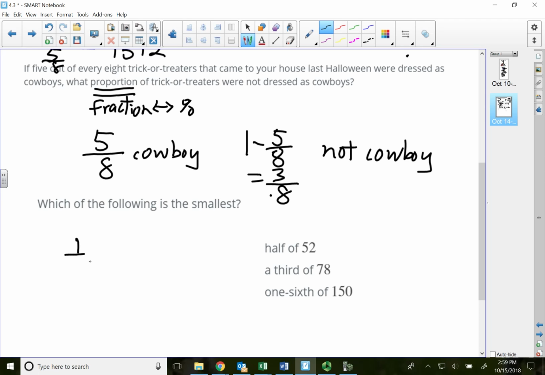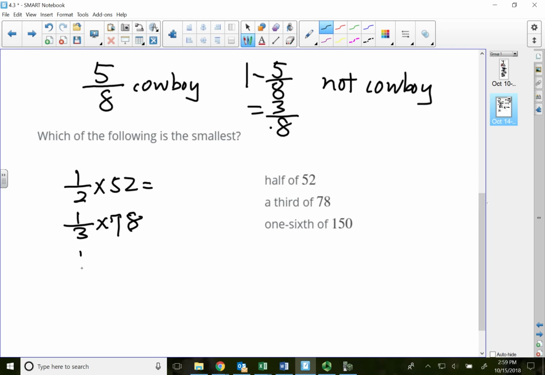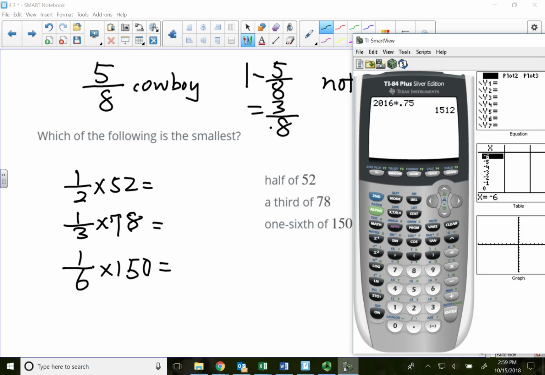So half of 52 means half times 52. A third of 78 is 1/3 times 78. 1/6 of 150 means 1/6 times 150. Let's see which one is the smallest.